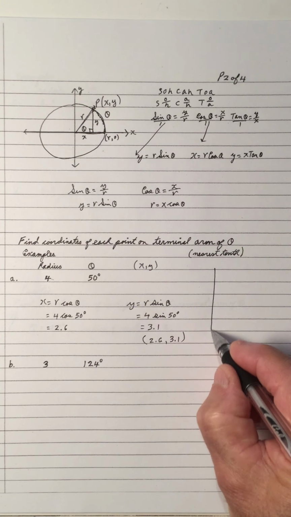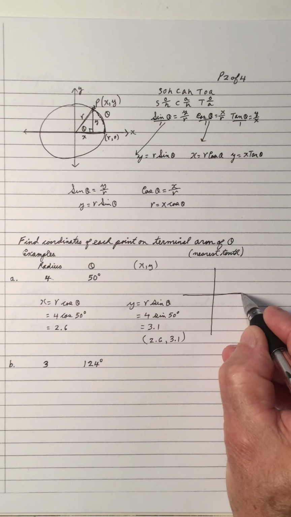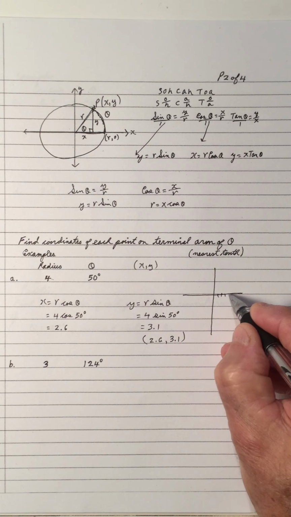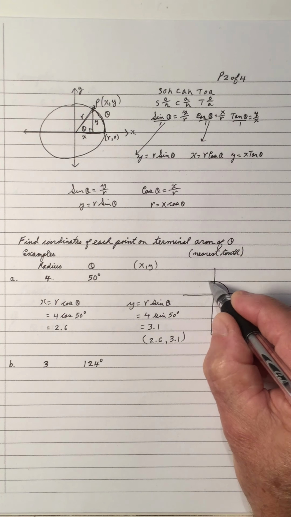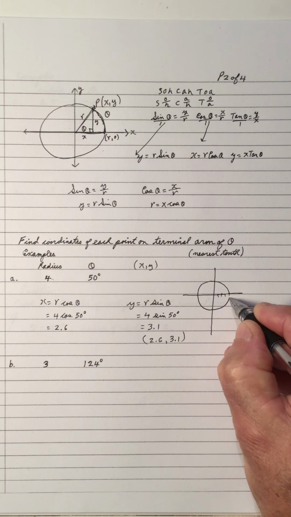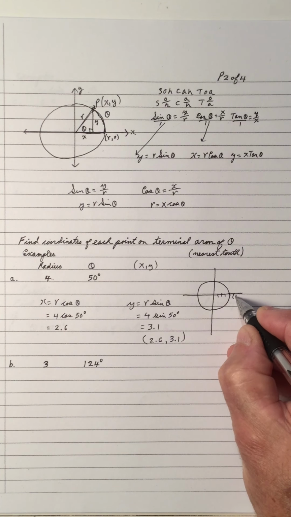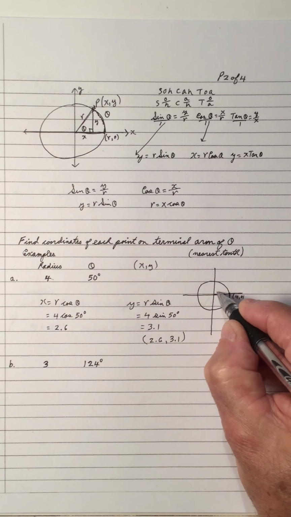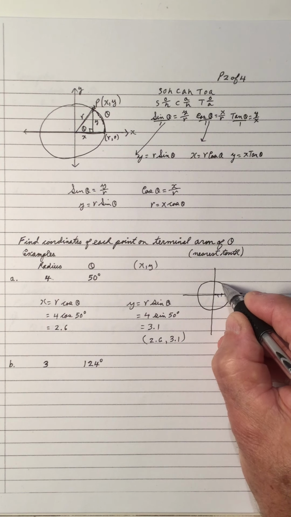So what we have, if you think about it, we have a circle that has a radius of 4, so pretend 4 units out like that. So this point right here is 4, 0. And so when we rotate 50 degrees, so 45 is in the middle, 50 is a little bit more.